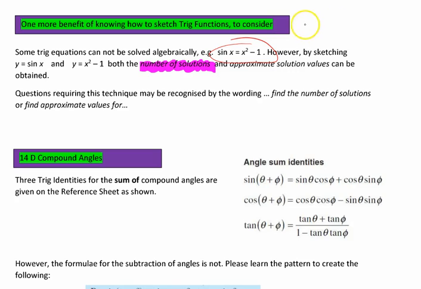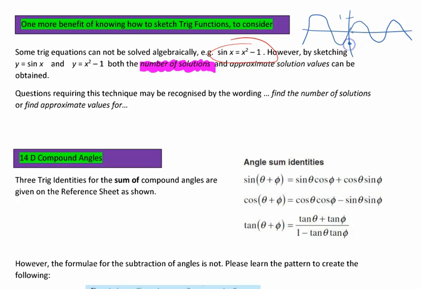So we would graph y equals sine of x, which we know just goes like this, up as high as 1. And if we graph x squared minus 1, then we know that it is a parabola pushed down here.